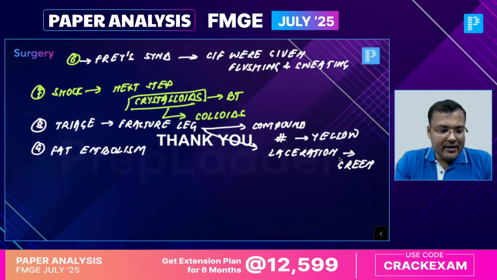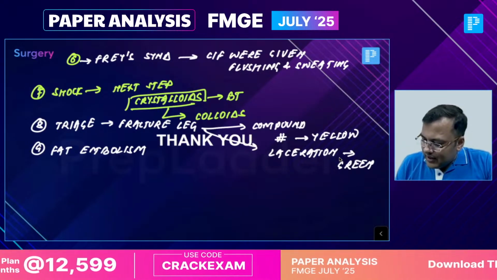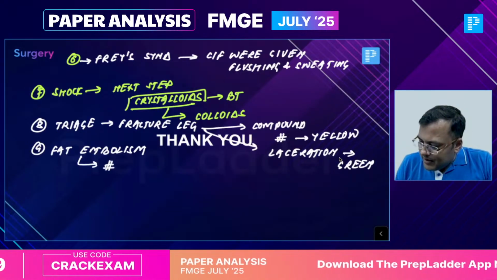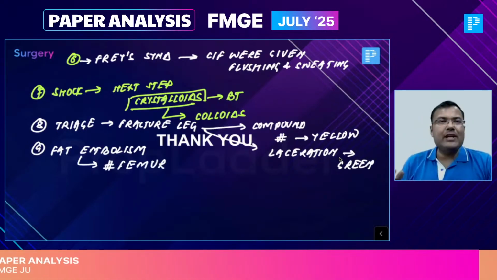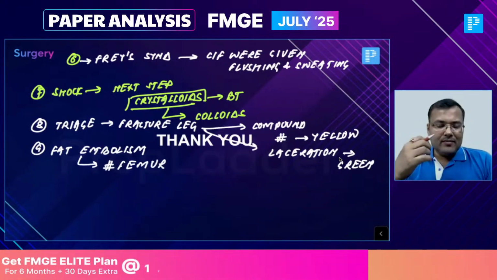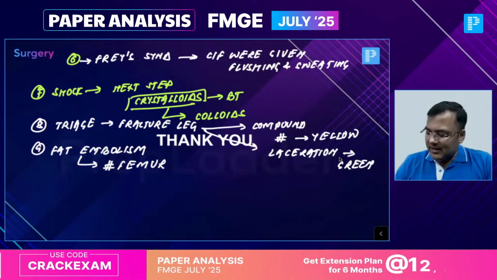Okay. Green. Fracture femur, X-ray was given. Okay. Fracture femur, X-ray. Manifestation दिया था. Respiratory distress, disorientation, bruises, or rashes in the axilla, chest, conjunctiva.